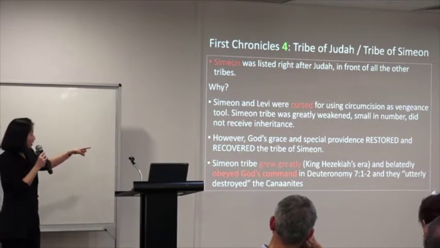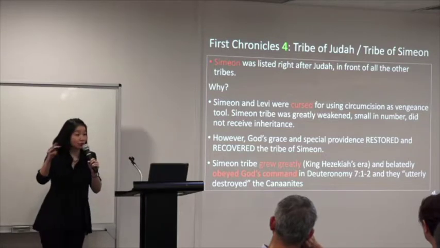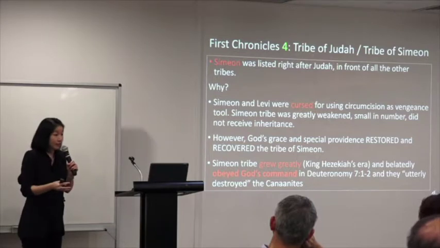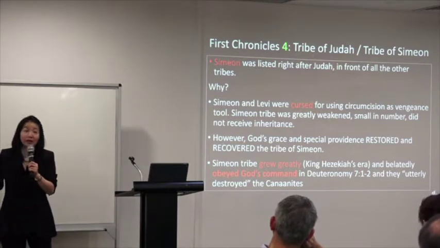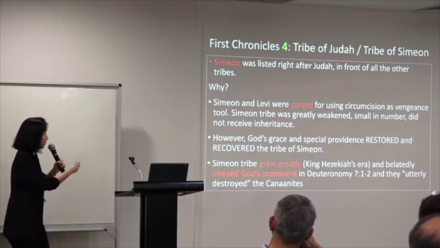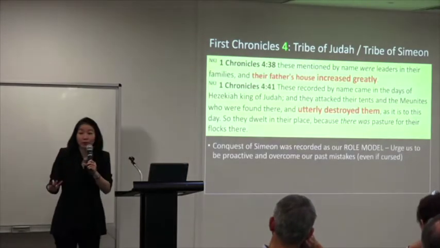They obeyed God's command in Deuteronomy 7:1 and 2 to utterly destroy the Canaanites in the allotted land. Not all the tribes did this, but the Simeonites did. And when they obeyed, they were recovered from the curse and they flourished. From the weakest tribe, they grew to be a big one.